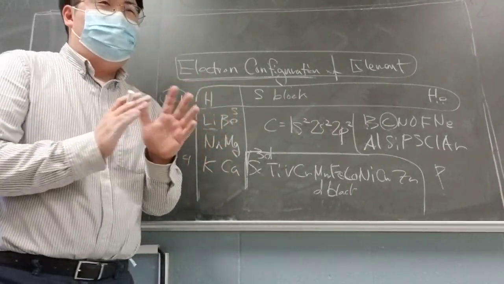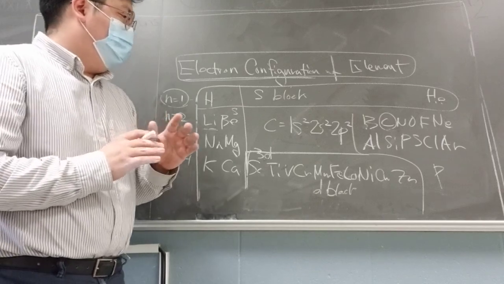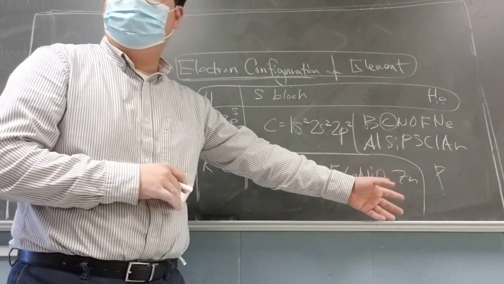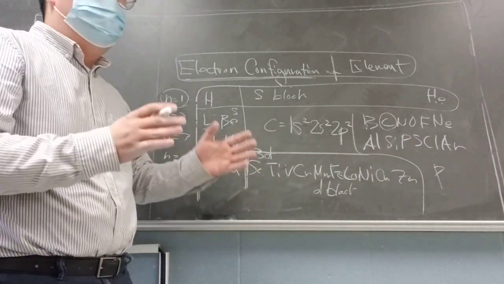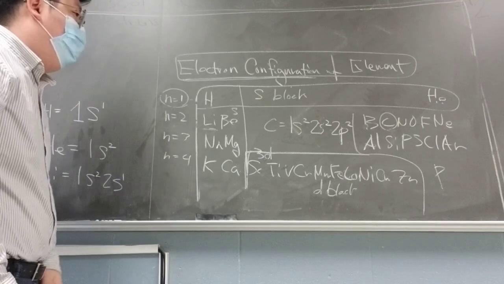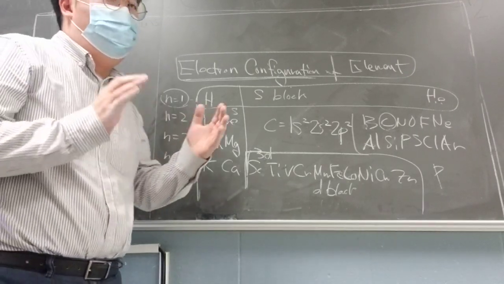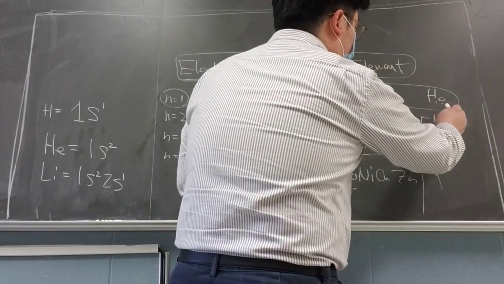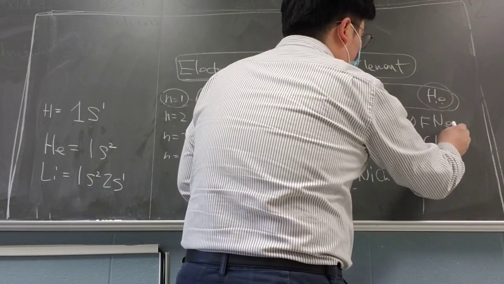Think about you doing this for the elements like an iron over here, or cobalt, or nickel, or copper, or zinc. It will be too long, right? So in that way, what you can possibly do is you can have an abbreviated form by using the electron configuration form in the last column, which is noble gas.